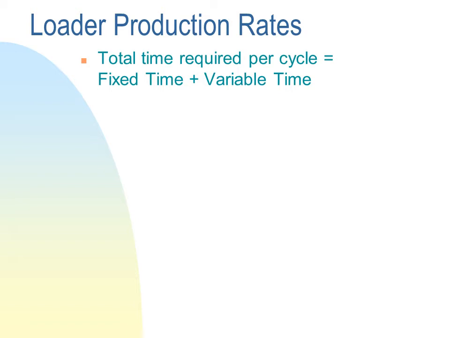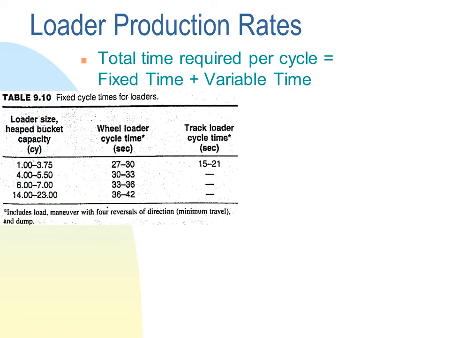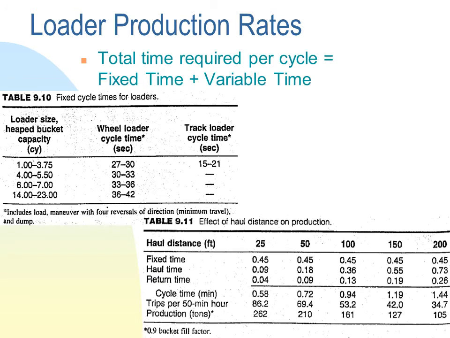However, here there are fixed components of the cycle time and variable components. The fixed cycle time is mainly for loading, maneuvering, reversing directions, and dumping. However, the variable cycle time depends on the distance. So the larger the distance, the more the variable cycle time.